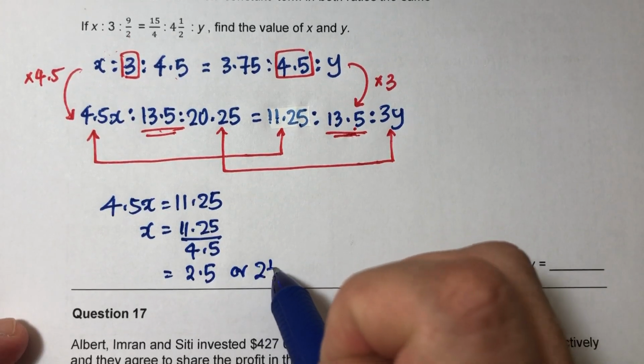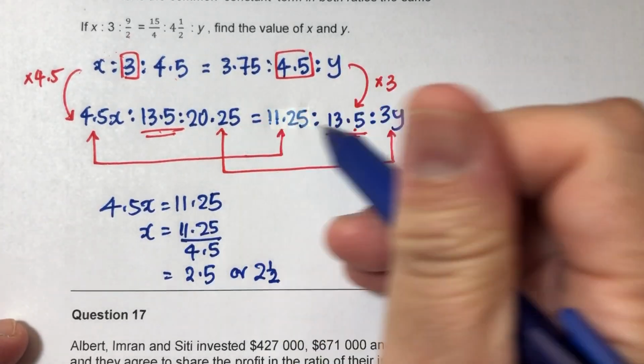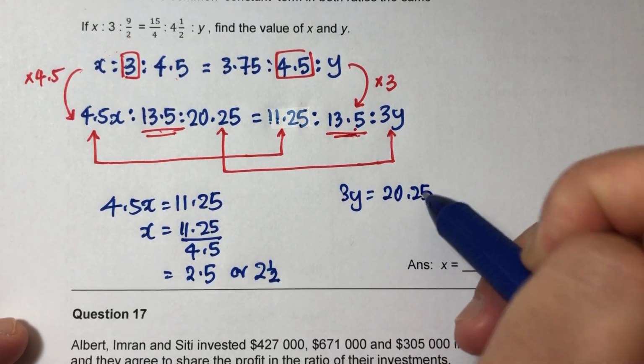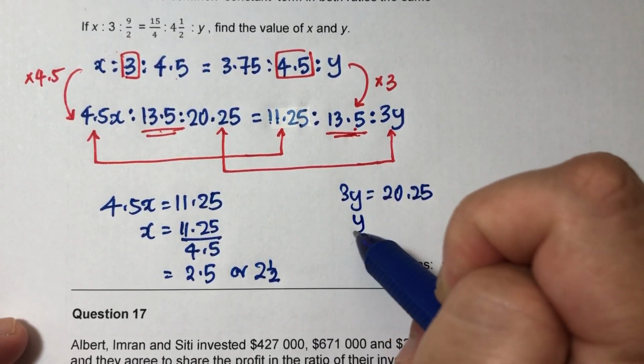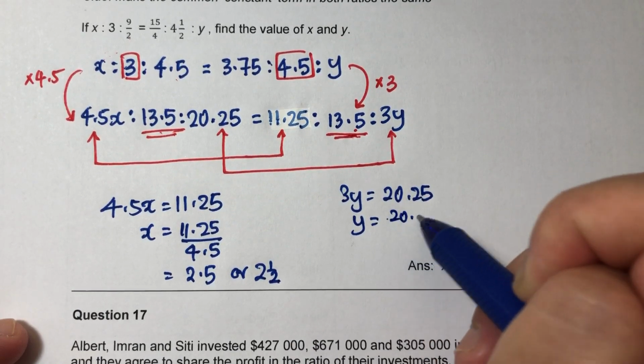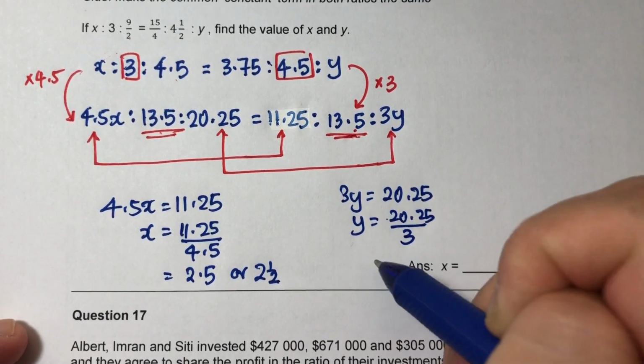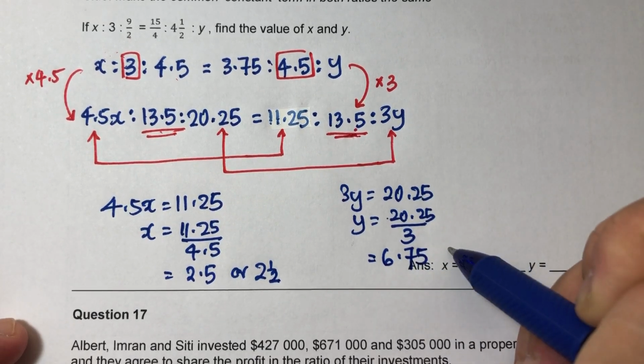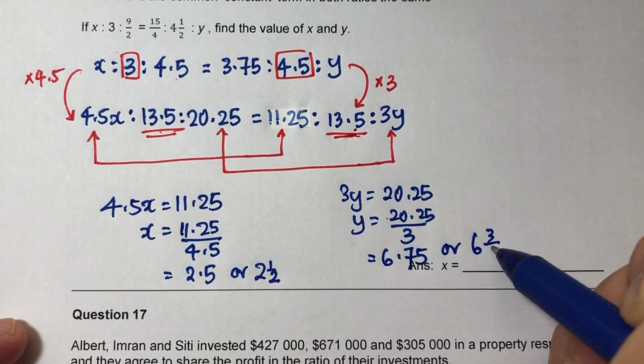And down here, 3y is equal to 20.25. So y is equal to 20.25 divided by 3, and that gives us 6.75, which is same as 6 3/4.